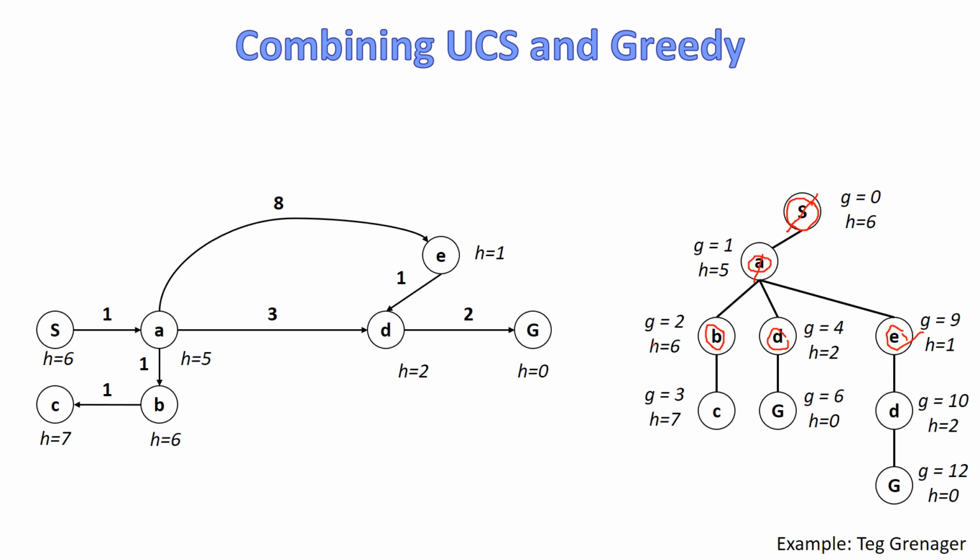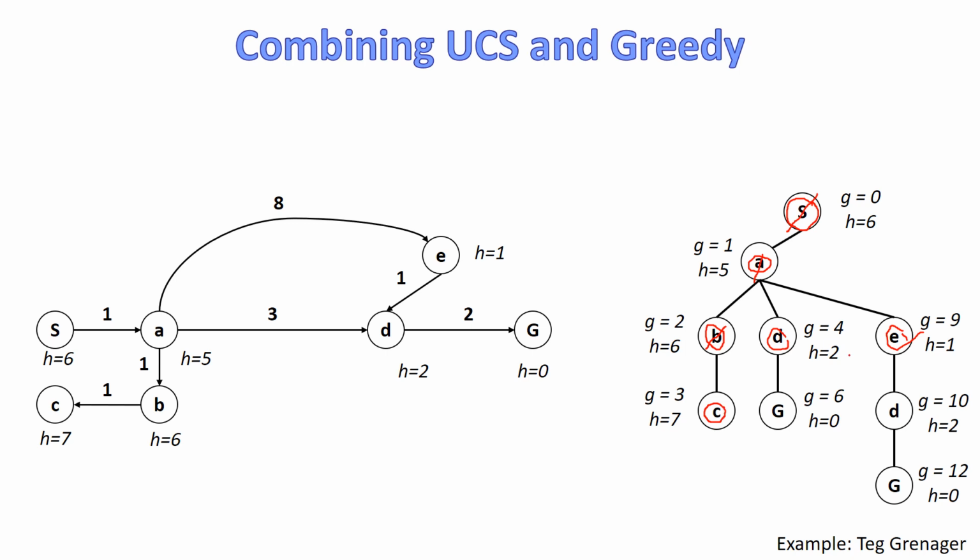The past, right? Which is G here. So the cost of B is 2, not 1. Uniform cost search only looks at the G values, which is the backward cost. So here G is 2, here G is 4, here G is 9. So we'll take B, and we expand B to C, right?